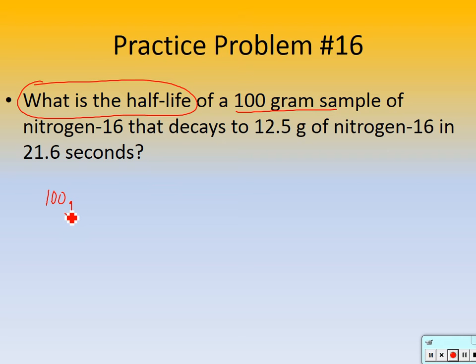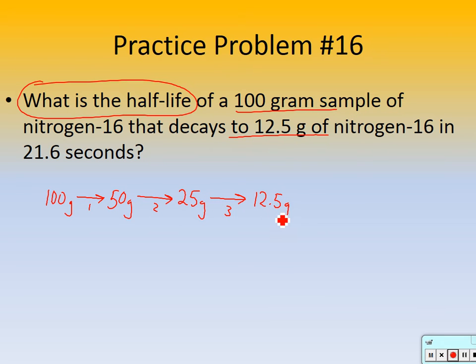And it says it decays all the way to 12.5 grams. Can we figure out how many half-lives that is? Sure. Let's do it. So arrow, number 1. How much remains after one half-life? 50 grams. And arrow, number 2, how much remains? 25 grams. Another arrow, number 3, how much remains? 12.5 grams.